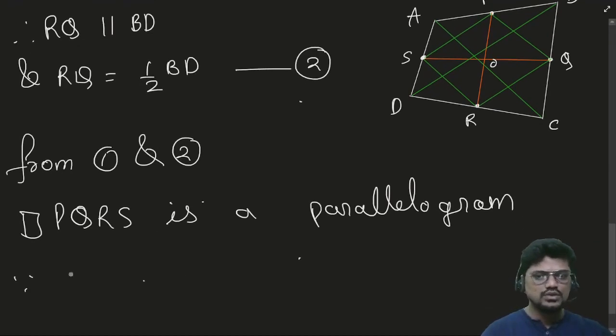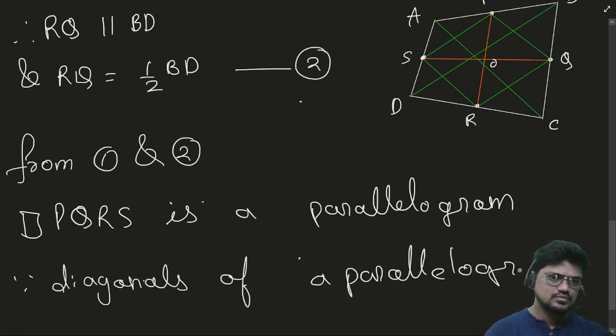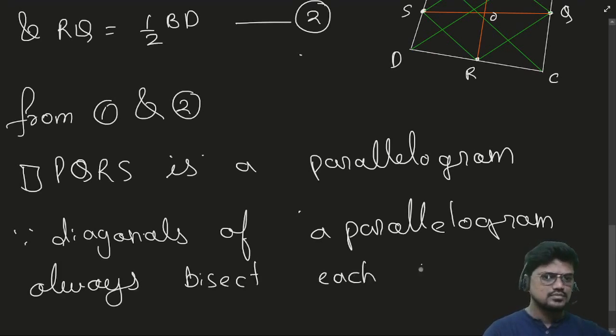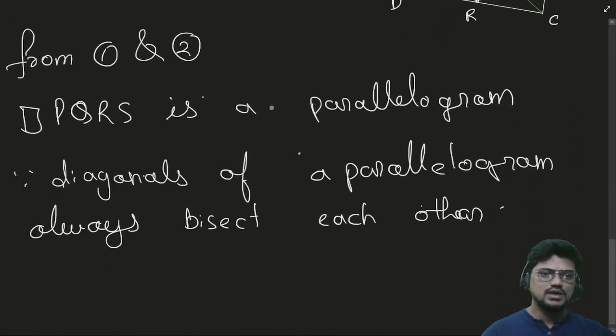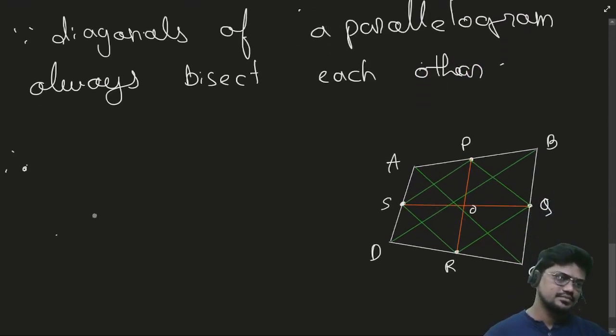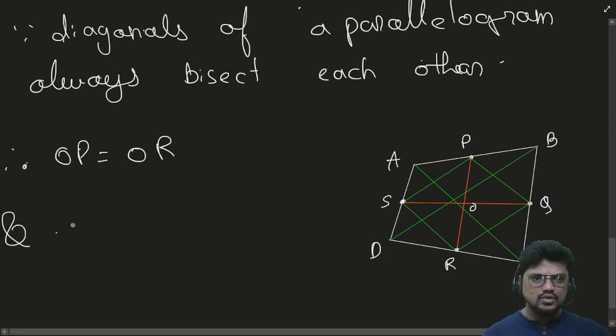Now, since we know that diagonals of a parallelogram always bisect each other, therefore, what we can say? OP is equal to OR and OQ is equal to OS, and hence proved.